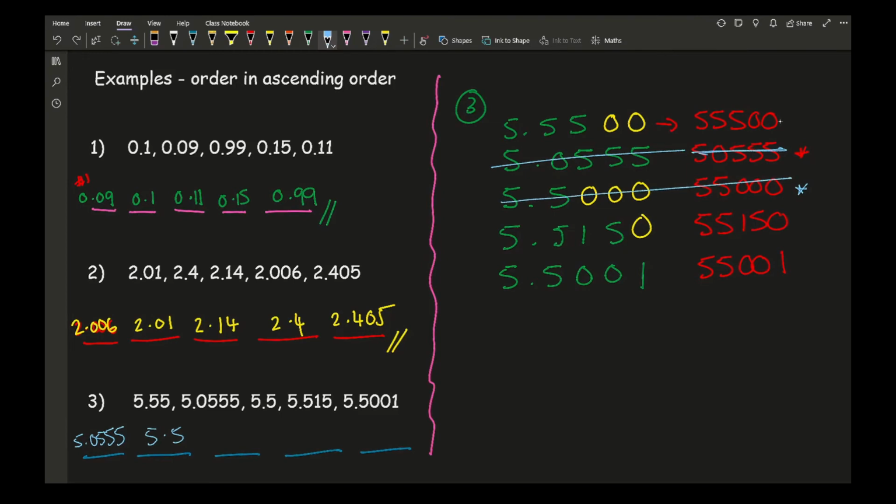The next smallest is 5.5001. And then out of the two remaining numbers, it's going to be 5.515. And then the biggest number, which is 5.55, and there is my final answer.